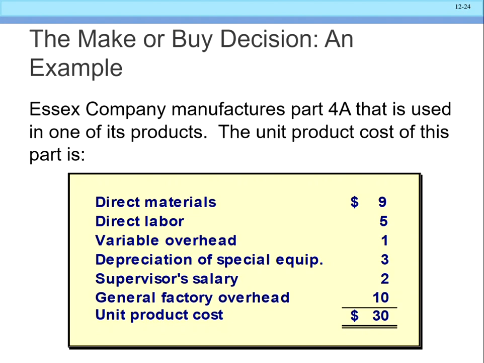Okay, so the first thing now is we have this company, Essex Company, which manufactures part 4A and they need this part in one of its products. The unit product cost of this part is given here. So we can say the total cost to produce one unit is $30.